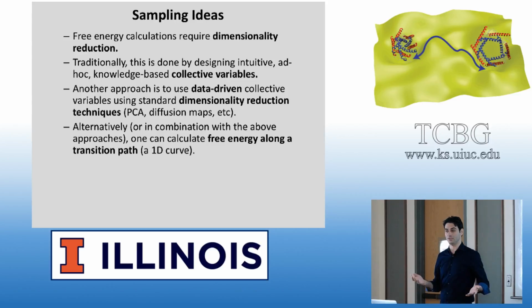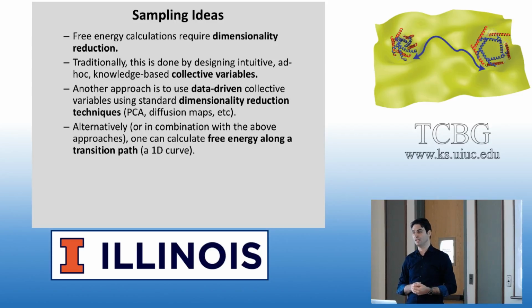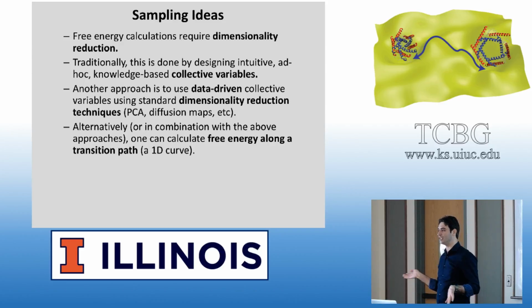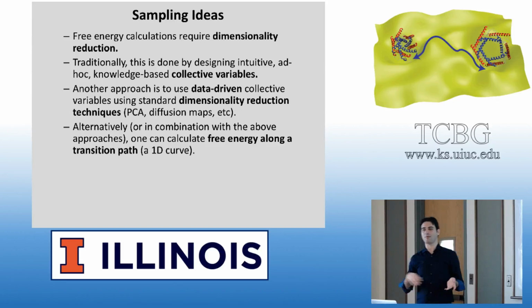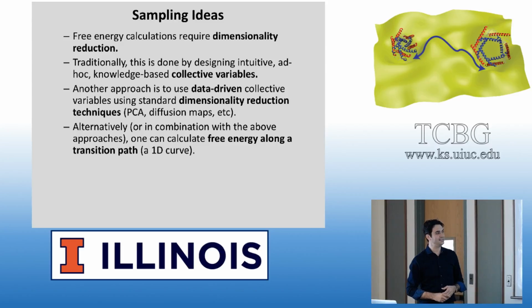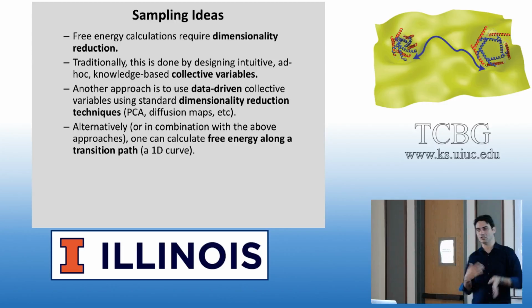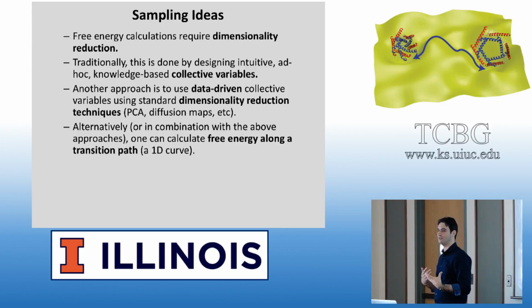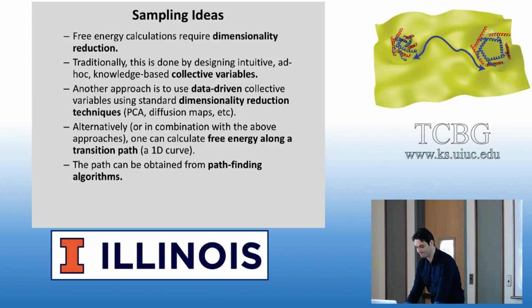You may end up with multiple collective variables, or sometimes you may not use collective variables at all, but still you can reduce the dimensionality by finding a good one-dimensional pathway and sample around that pathway. So the idea of transition path sampling and optimizing the transition path is related to the idea of collective variables. They are both basically trying to reduce the dimensionality and make sampling easier.